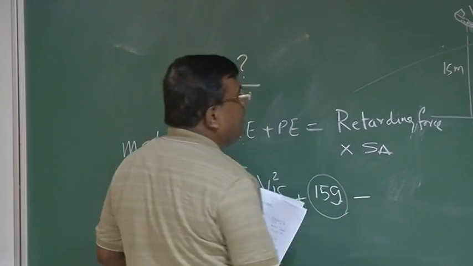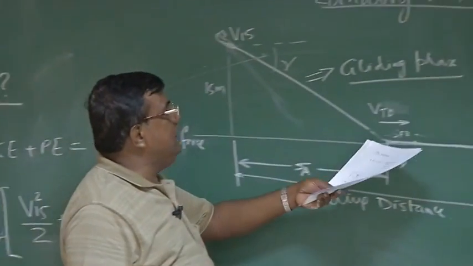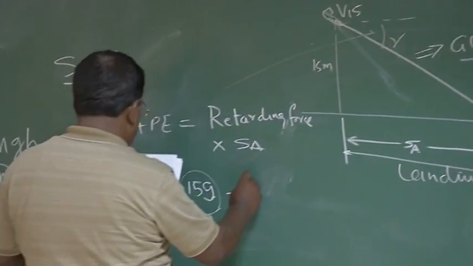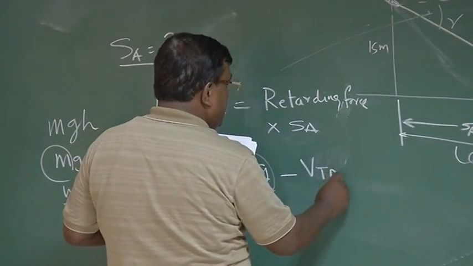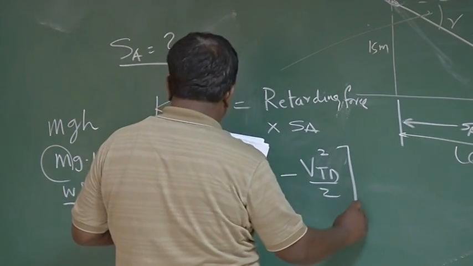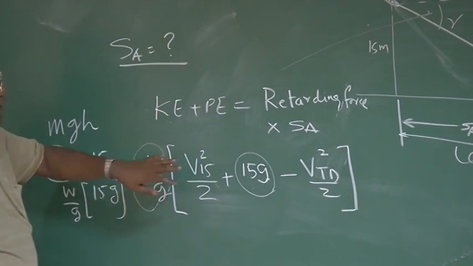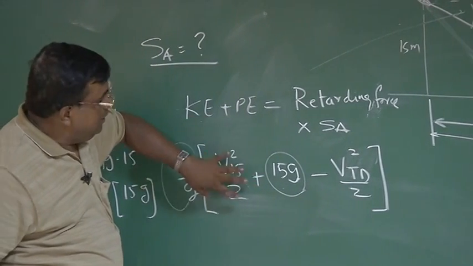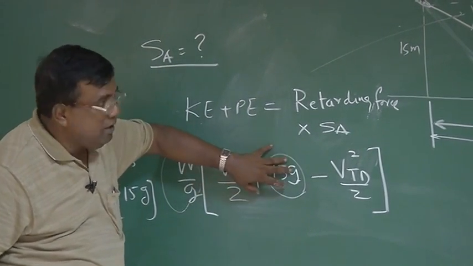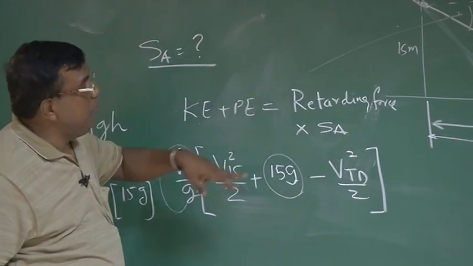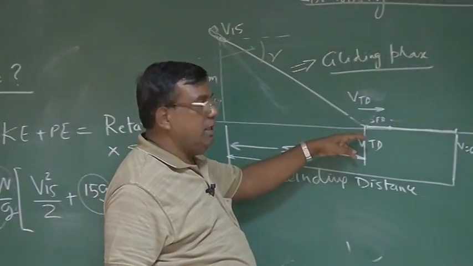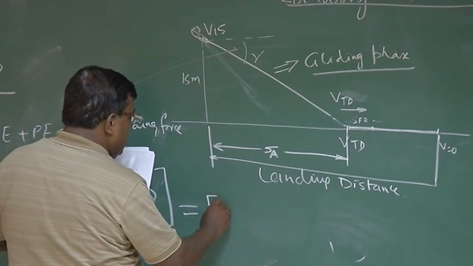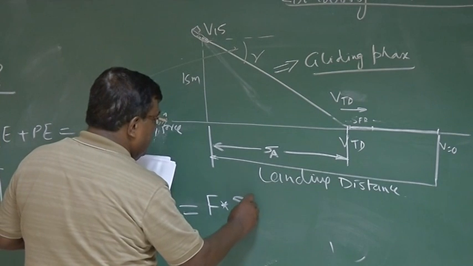Minus the kinetic energy here, because here potential energy has become 0. So minus V touchdown square by 2. So this is the difference in total energy here. This is kinetic energy plus potential energy at V15, minus the kinetic energy here, and that is equal to the retarding force into SA.